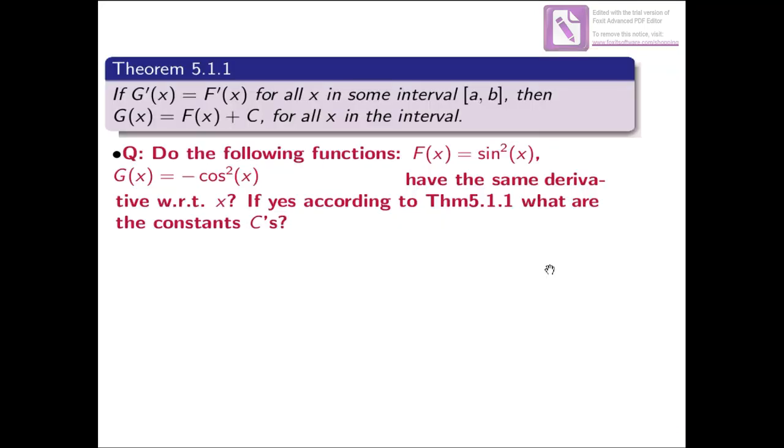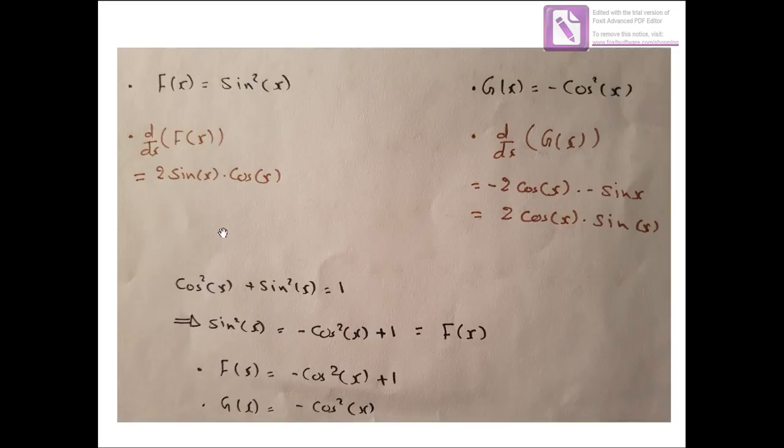So we need to find what is the constant c, such that g of x is equal to f of x plus c. So we know the trigonometric identity: cosine squared plus sine squared is equal to 1. So from here, sine squared will be equal to minus cosine squared plus 1. Sine squared is f of x, and minus cosine squared is g of x, plus 1.